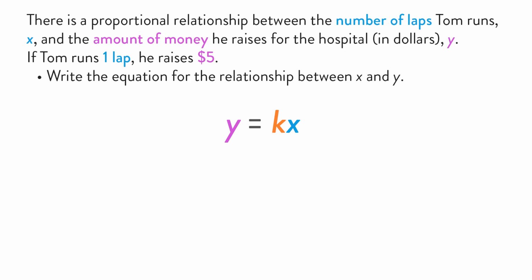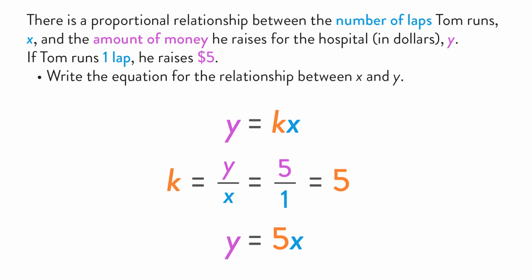We can use this to calculate k, the ratio of y to x. Since k equals y divided by x, we have k equals 5 divided by 1, which equals 5. We can plug k equals 5 into the equation y equals kx to find the equation for this relationship. The relationship is represented by y equals 5x.